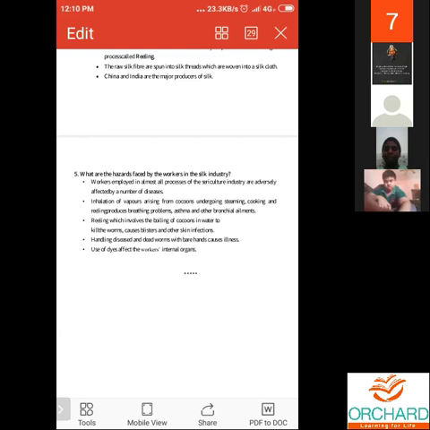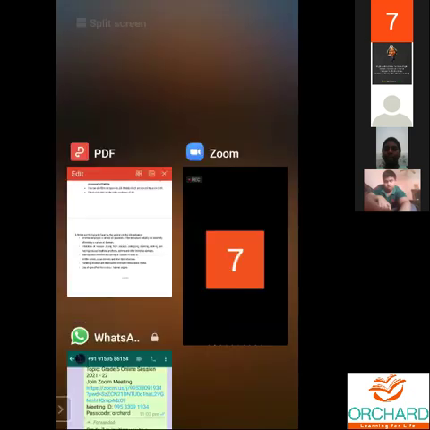So you can write the points, like they suffer from Sorter's disease, inhalation of anthrax bacteria may lead to many problems, and Sorter's disease is a fatal disease, and they suffer from skin infections. Okay, wherever dyes are used, definitely those industries or factories where dyes are used will affect the workers' internal organs. Okay, so these are the points to remember, and these are the question answers.